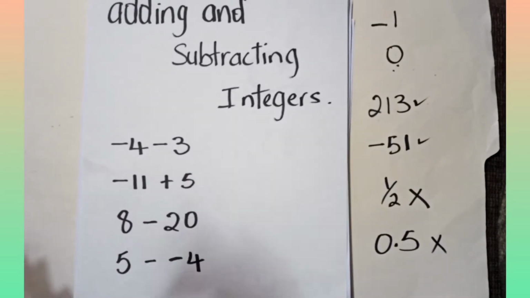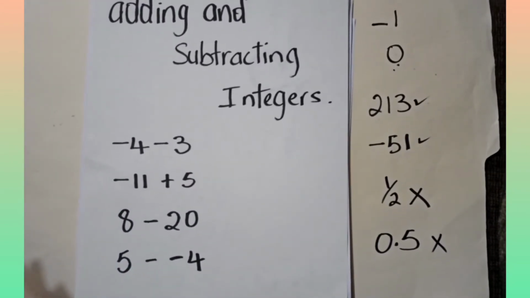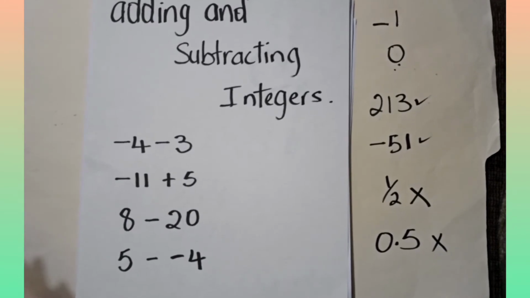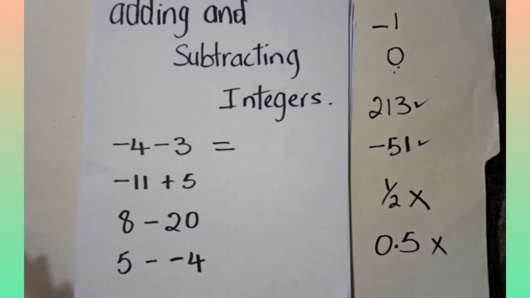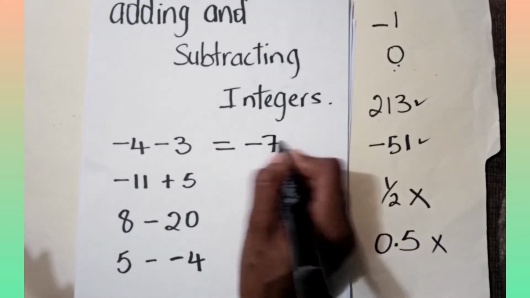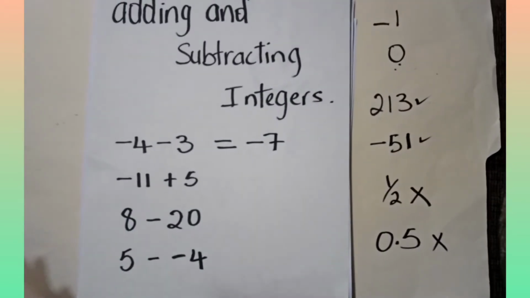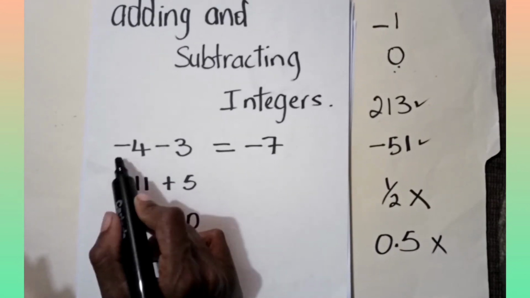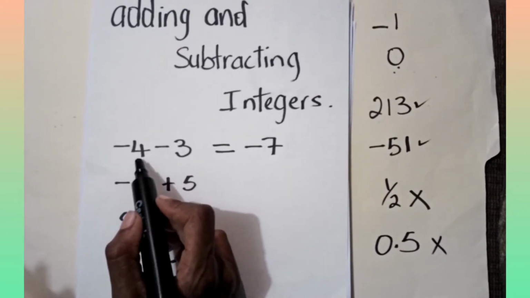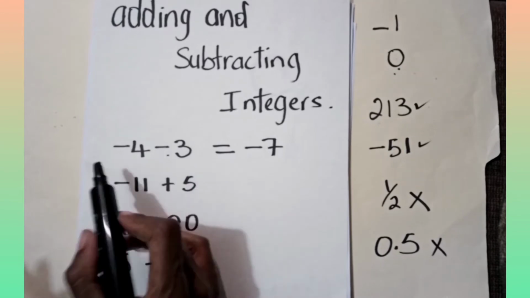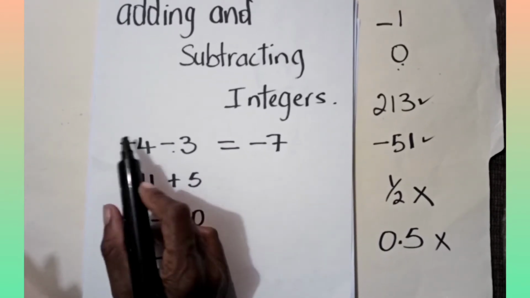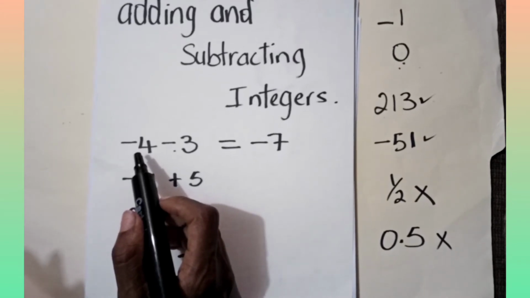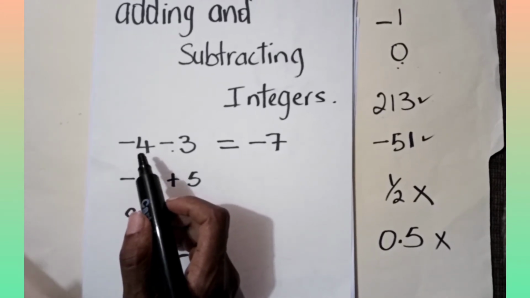Negative 4 take away 3. What do you get? Well, if you get a positive 7, then that is wrong. You should get a negative 7. How? Well, you owe 4, you can say, and then you owe 3. When you have a negative balance in your bank account, that means you have below 0.